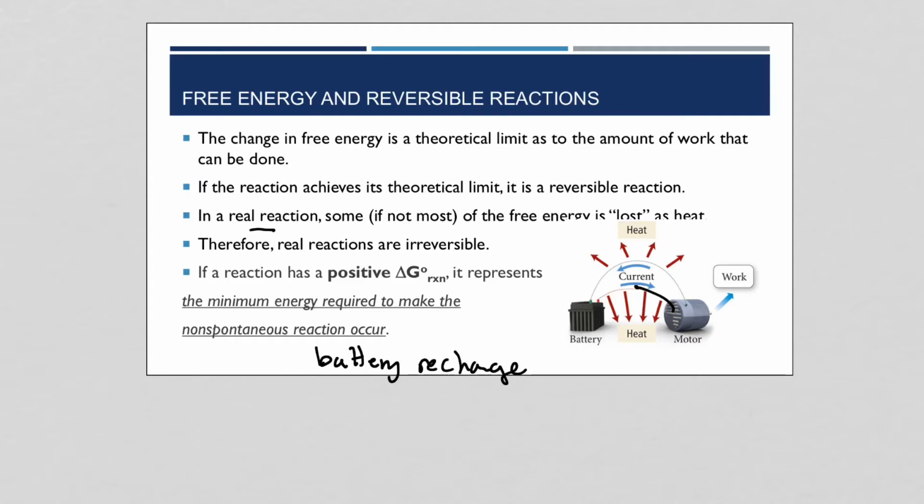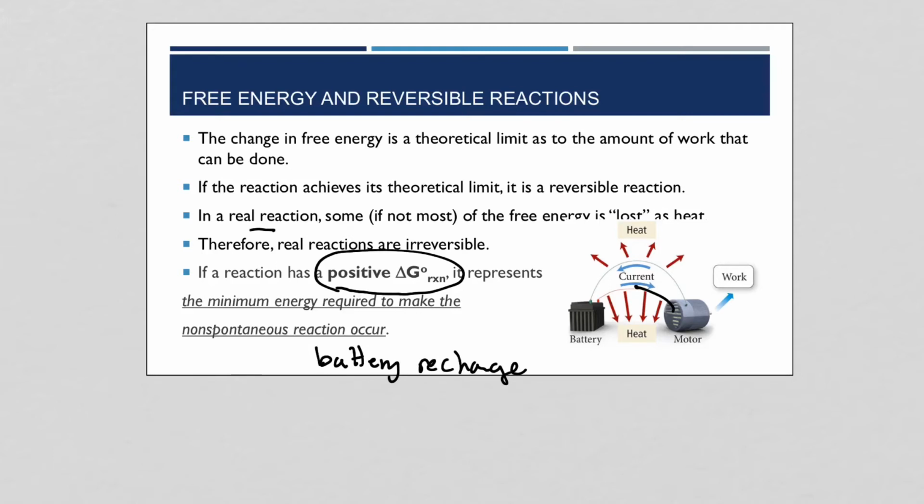We plug it into the wall. And so the minimum amount of energy required to do this would be our positive delta G for that non-spontaneous reaction. That's the minimum that we need to put in to make this non-spontaneous reaction occur.